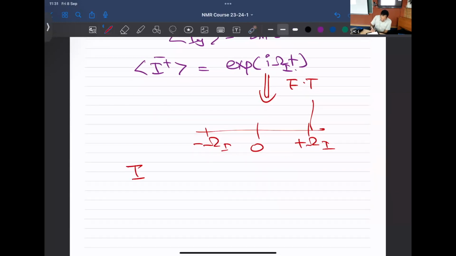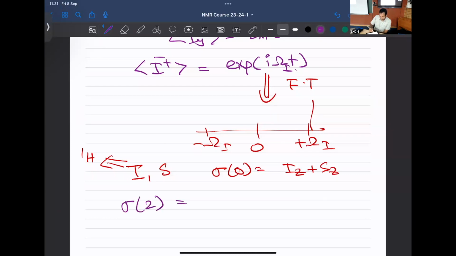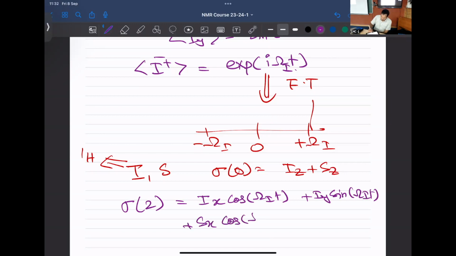Let's say I have an IS spin system where the initial density matrix is given as Iz plus Sz. Let's assume that both are protons so that the gamma is the same. Correct? Go back and do the same formalism with a 90-degree pulse applied to both. Then what you will end up getting is something like Ix cos omega I t plus Iy sine omega I t plus Sx cos omega S t plus Sy sine omega S t.